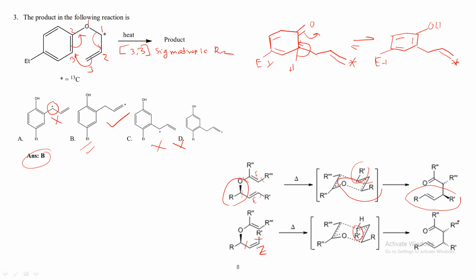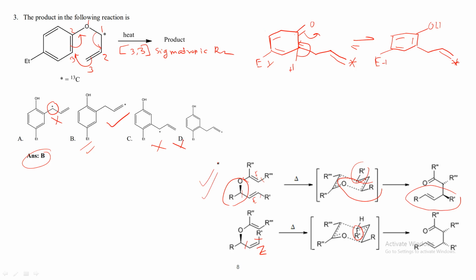As I am discussing the normal Claisen rearrangement, I thought to incorporate the asymmetric version. If the molecule would be asymmetric, how you can predict the outcome of the reaction in the right stereochemical way. So that's why I have incorporated this little problem over here.